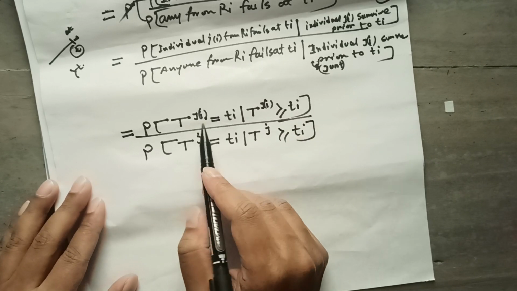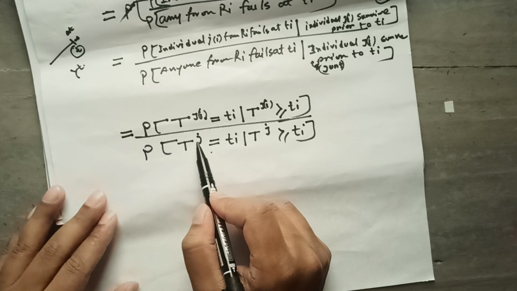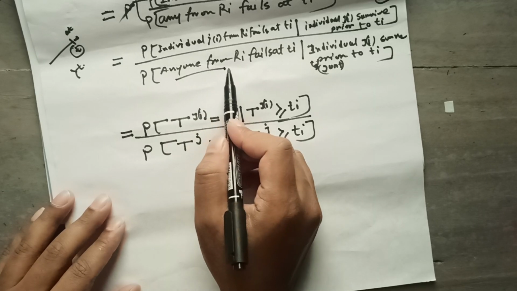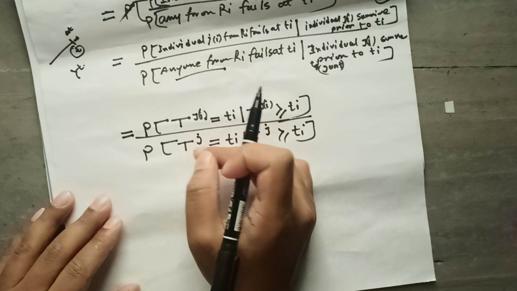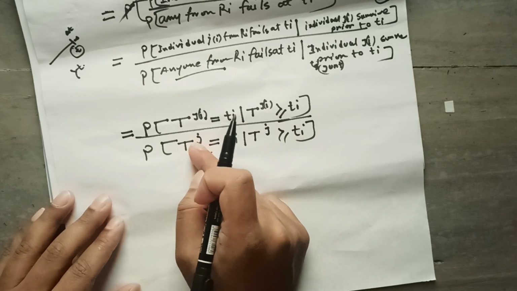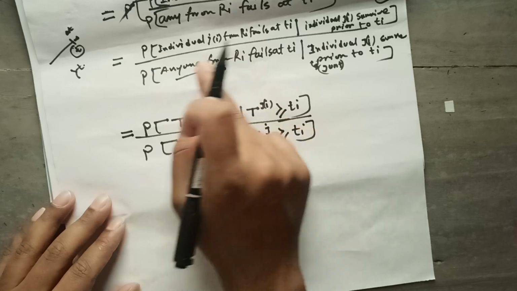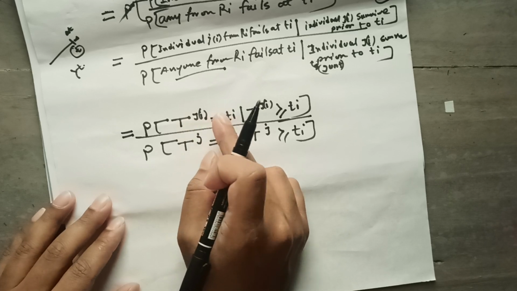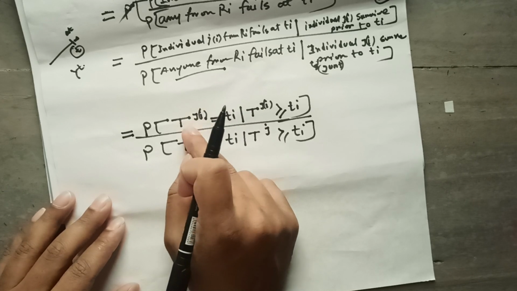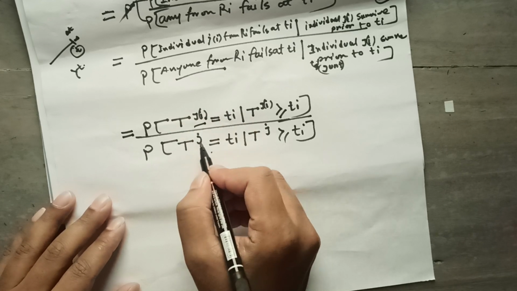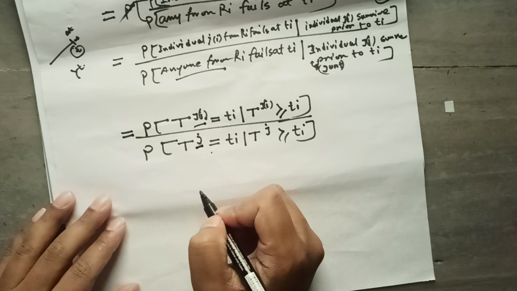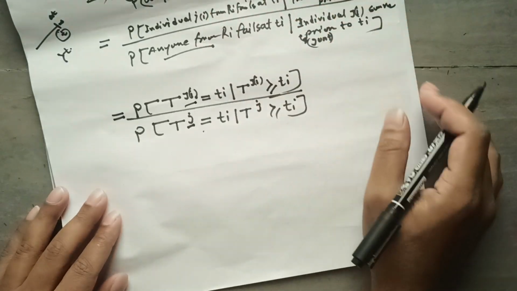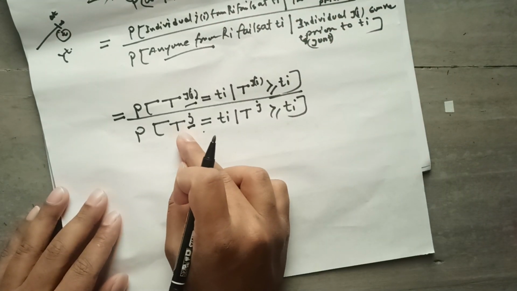Now there must be a question. Here I write Ji, and at the denominator I just write J, because this is anyone from Ri. That means anyone can be entered at that place. So Ji will have the full risk set values, but the individual Ji will never get all the outcomes. They will get only a single outcome from the risk set. That's why we write Ji here, and here we write only J. That is how it looks. And I already mentioned that this is for the whole.